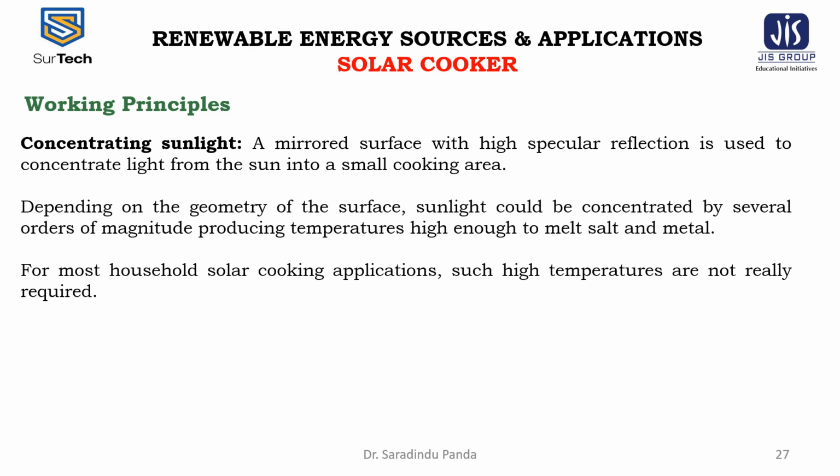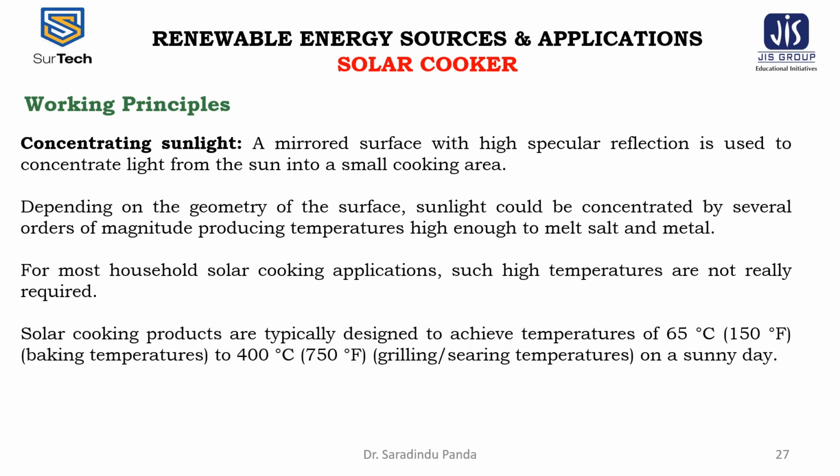For most household solar cooking applications, such high temperatures are not really required. Solar cooking products are typically designed to achieve temperatures of 65 degrees centigrade to 400 degrees centigrade for grilling or searing.